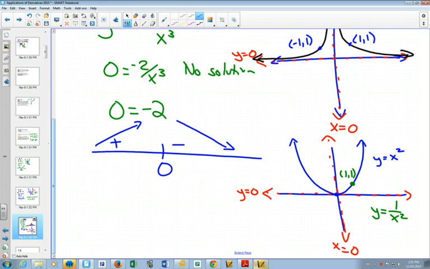If I took another point, say 2, 4, all the reciprocal does is change that to 2, 1 over 4, and then you learn just to draw it to the asymptotes afterwards. The calculus helps explain why it's increasing here and decreasing afterwards. So see if you can use calculus for the next one.